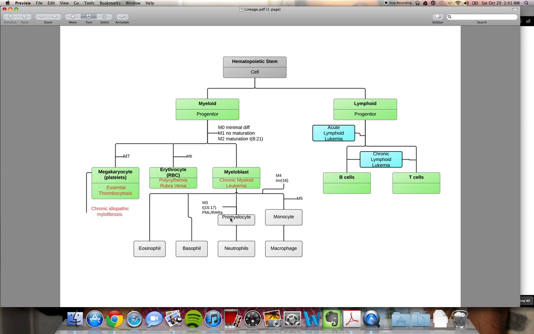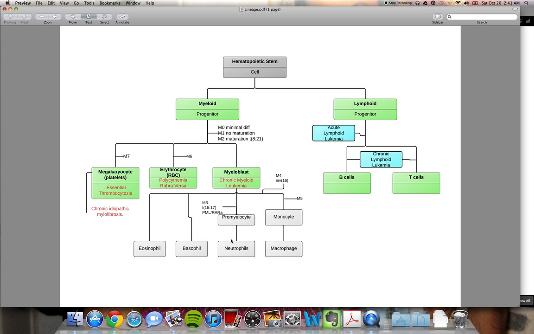These two join and fuse because there's the translocation between them, and you get this PML-RARA fusion protein. Now this blocks us here.